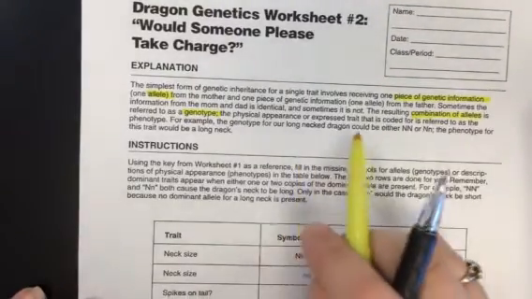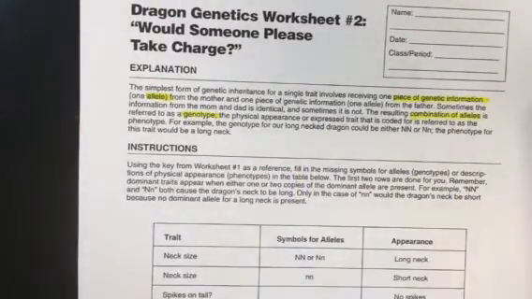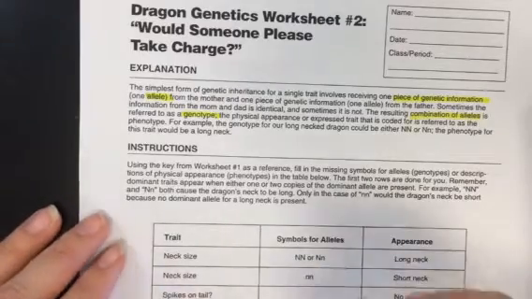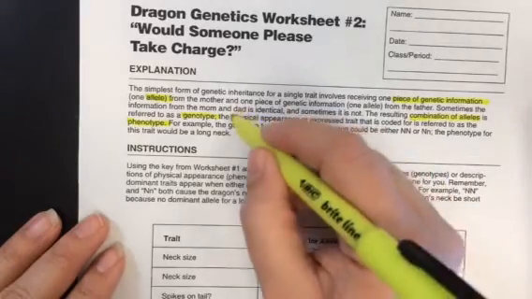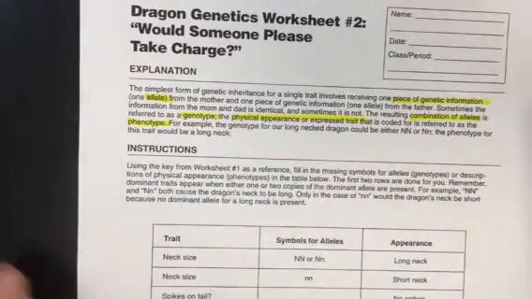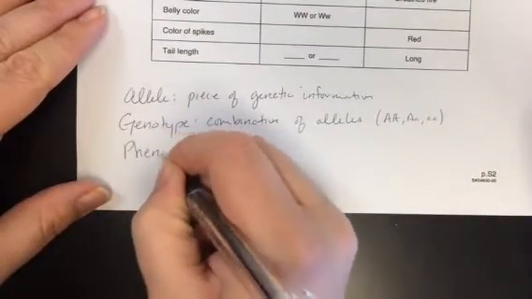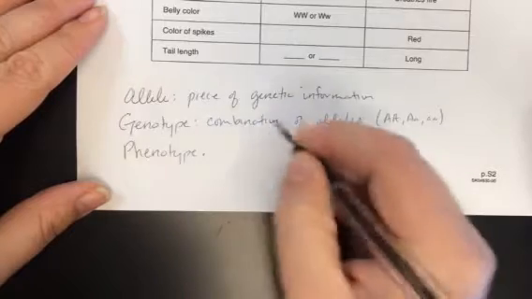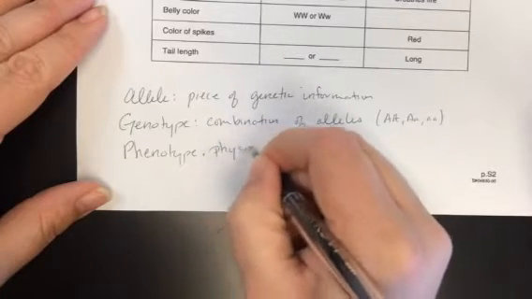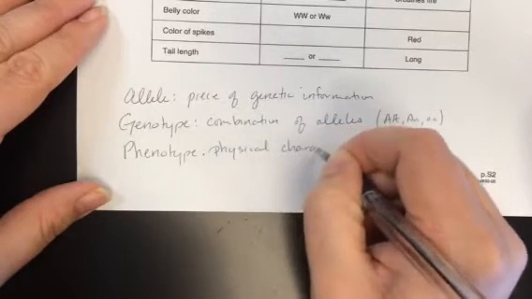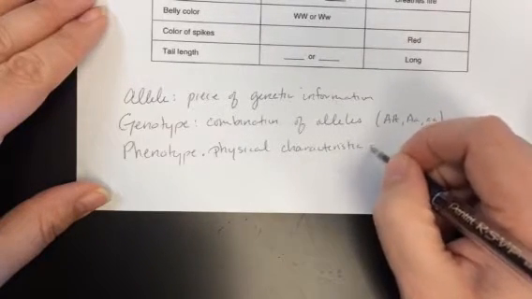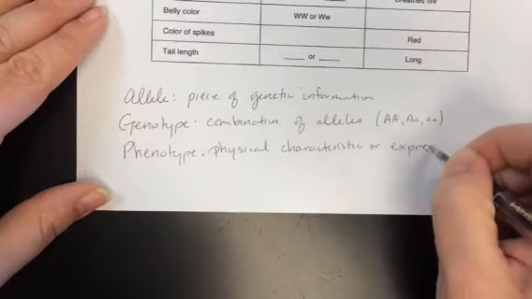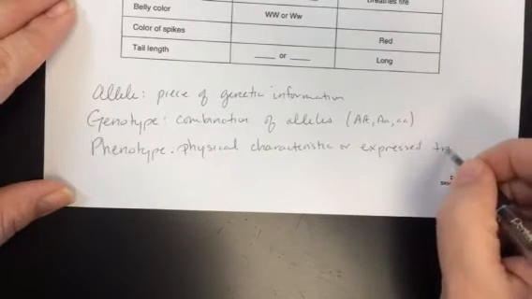The physical appearance or expressed trait that is coded for is referred to as the phenotype. So there's another awesome vocab word for us there. Phenotype is the physical appearance or expressed trait. So let's put that vocabulary word on the bottom as well. Phenotype, physical characteristic, or expressed trait.